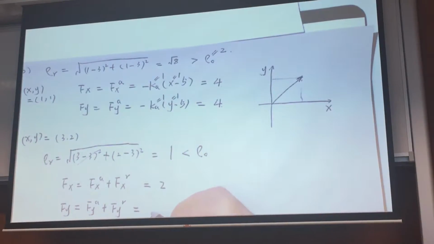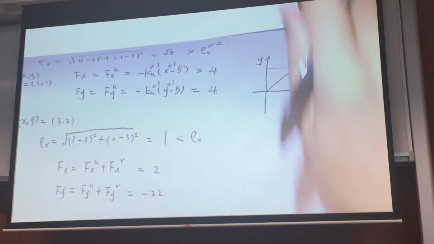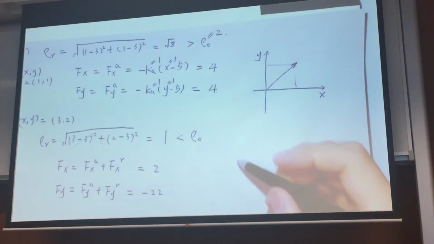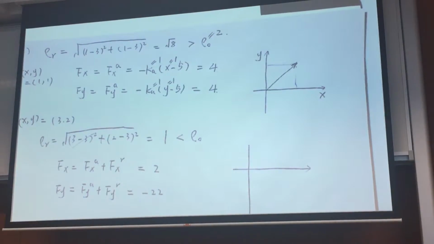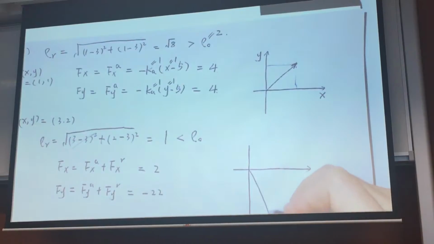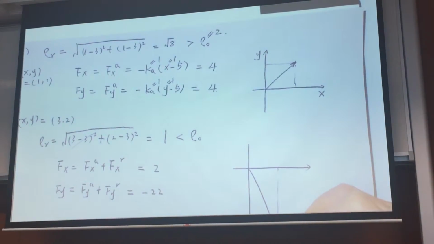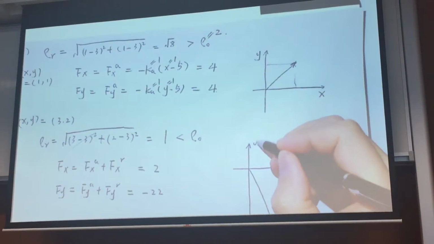You do this, this one equal to minus 22. To plot it is also quite straightforward. You got a vector like this. These are given by 2, these are given by minus 22. These are x, these are y.